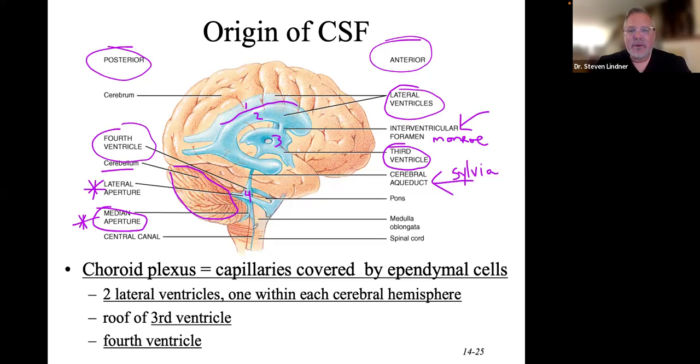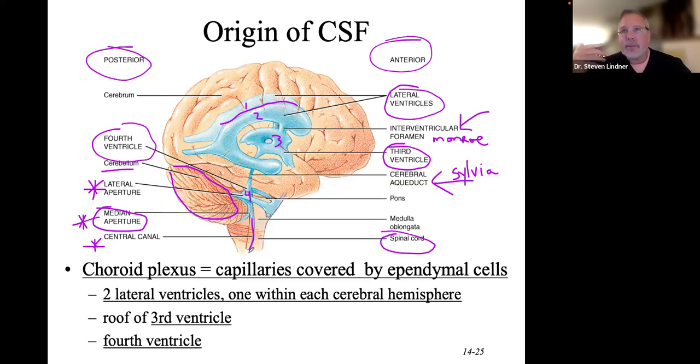And it can flow down right through the center of the spinal cord through the central canal. So there are three different routes that CSF can take after the fourth ventricle: median aperture, lateral aperture, and the central canal.